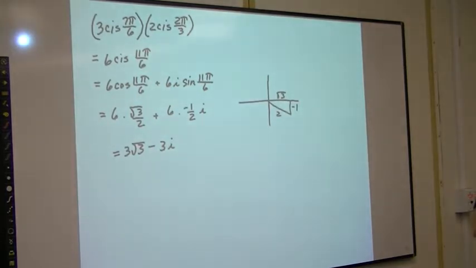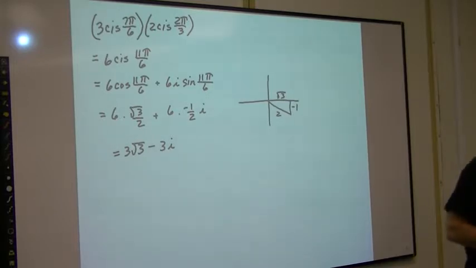Okay, now let's try some division. So we're going to go 12 cis pi over 4 divided by 4 cis 3 pi over 2.